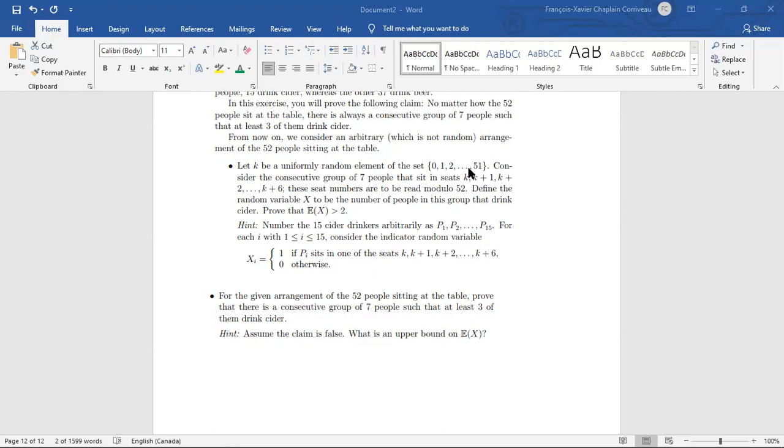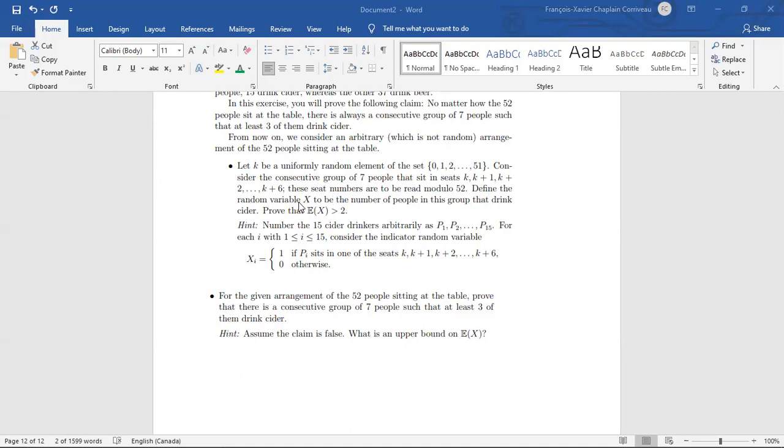So for example, if I pick number 49, then I would have 49, 50, 51, 52, but then I don't go to 53, I go back to 1. So this modulo part just makes sure that you understand that we're still in a circle. If I pick a high enough number, I could go over 52, but we bring it back to something modulo 52. So that's all that it means here.